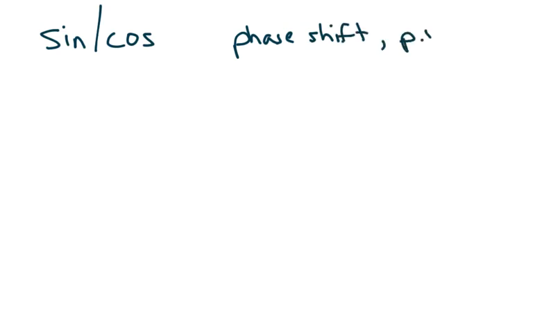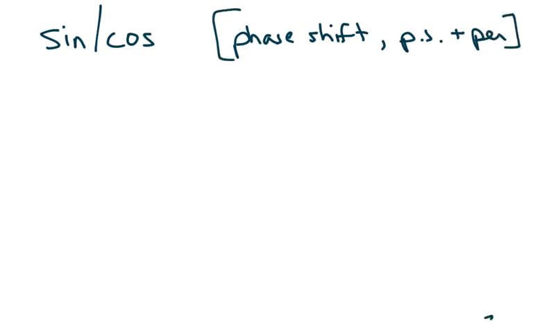So, in review, when we do sine and cosine graphs, in order to figure out what interval I'm going to graph it on, when I change the period and phase shift it, it's going to be between the phase shift, that's going to be your starting point, and the phase shift plus the period.